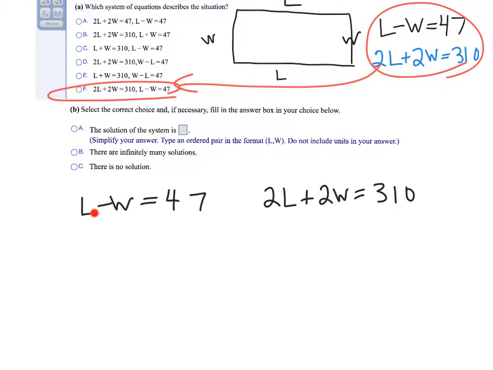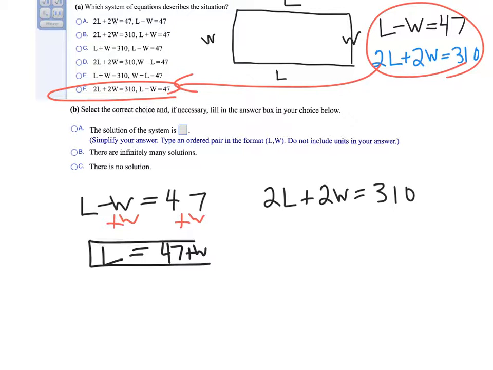It doesn't matter which, but it looks like the least amount of work is solving for the length. I want the L all by itself. I'm going to solve for L, and that gives me L is equal to 47 plus W.